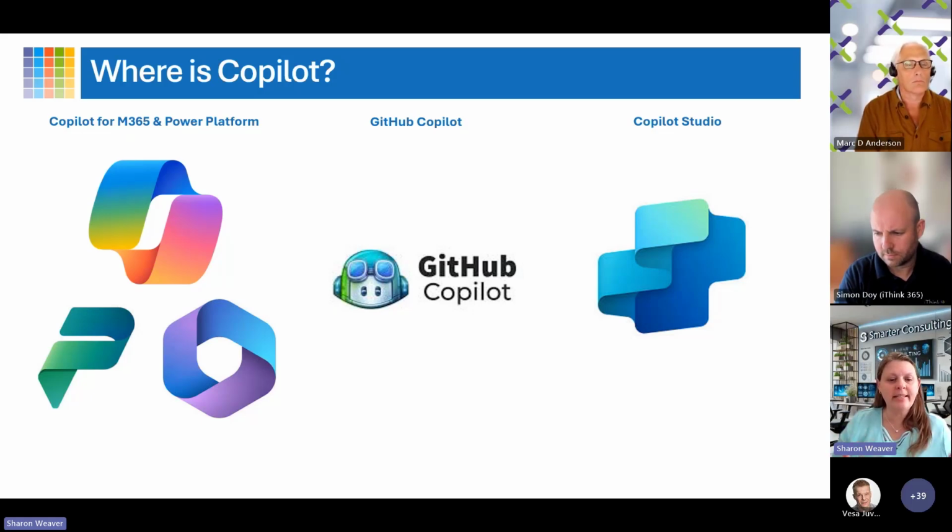It's an assistant that's going to help you do something in a very quick way, and it's going to translate what you need into some sort of computer speak, some sort of programming language on the other side. But you can build your own Copilots to help you with whatever you need to do. So I love Copilot Studio. If you have Copilot for M365, you automatically have Copilot Studio, and there's a lot of really cool new things coming out for it. So definitely take a look at that.